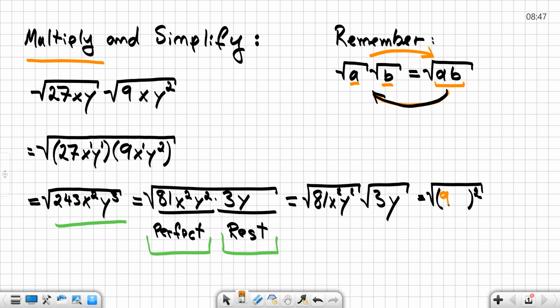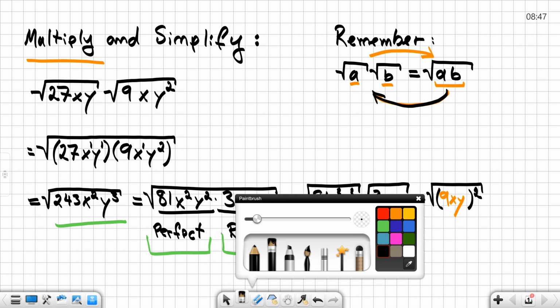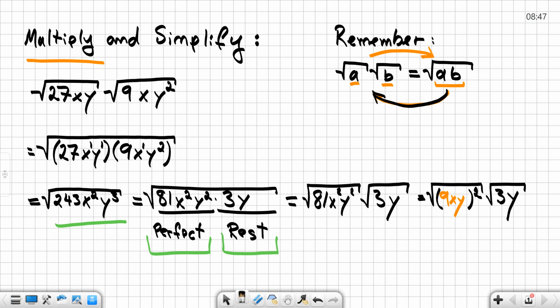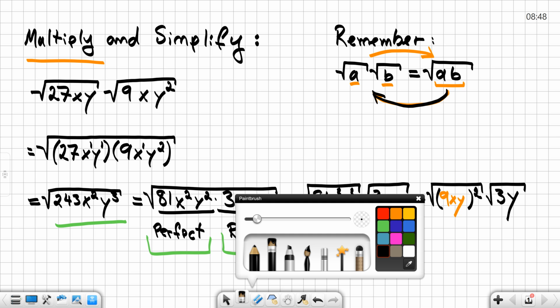And now, strictly speaking, the square root of (9xy) squared would be the absolute value, but in this section we are ignoring absolute values. We are just assuming that all variables are only positive. So now I am doing the second part, and I am opening up this last bit.